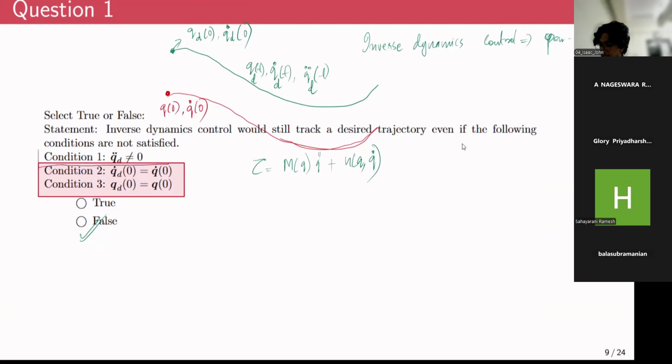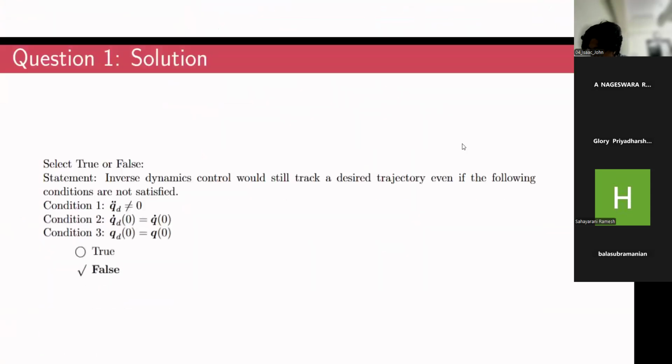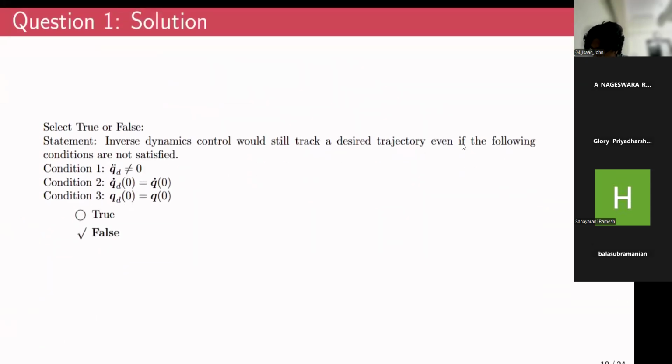That is defined by condition 1. So that's why, in order for inverse dynamics to work, these three conditions are to be followed. Okay, so the answer is indeed false.